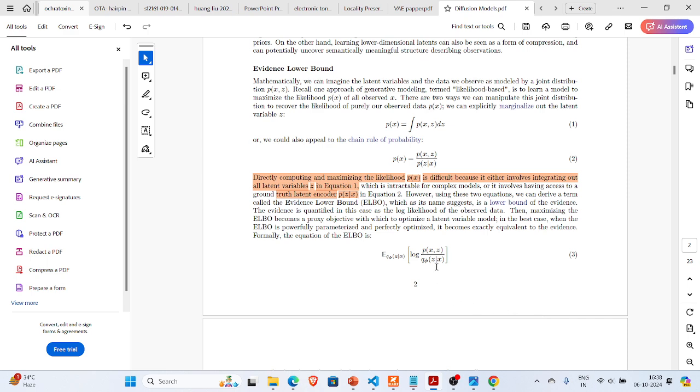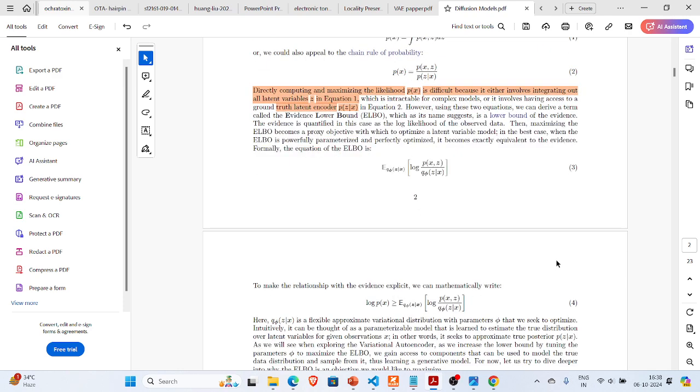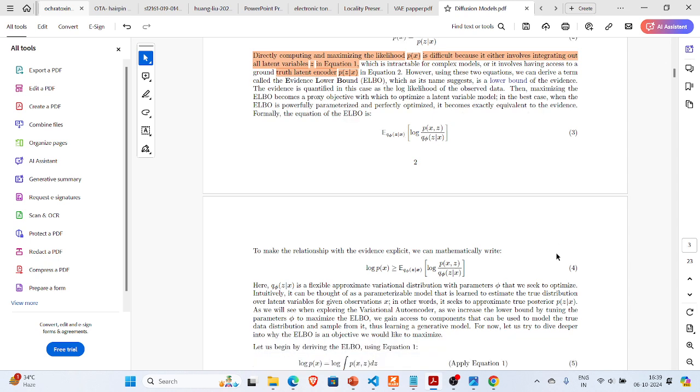We're finding the expectation with respect to this encoding distribution, or what we call the encoder. So this mathematical expression is valid.